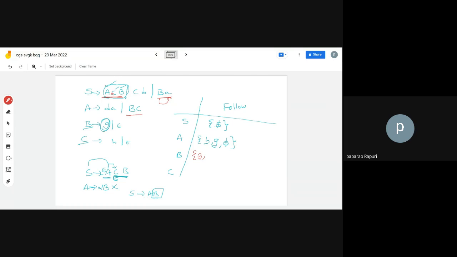And from here, after B there is no symbol existing. So it is in the format of A derives alpha B. In this case, follow of B is equal to follow of A. So that means follow of B is equal to follow of S, which means dollar is also added.